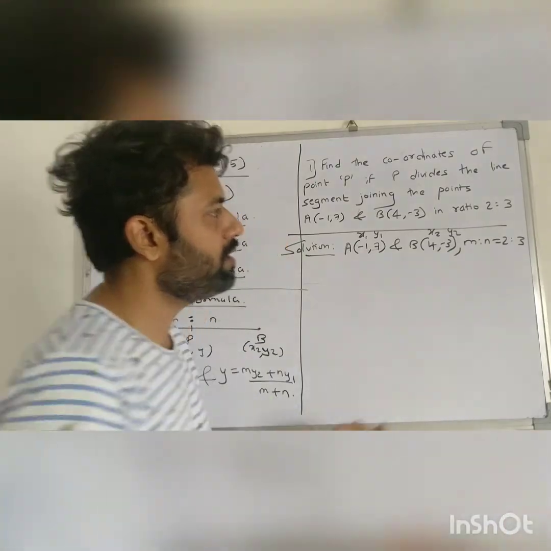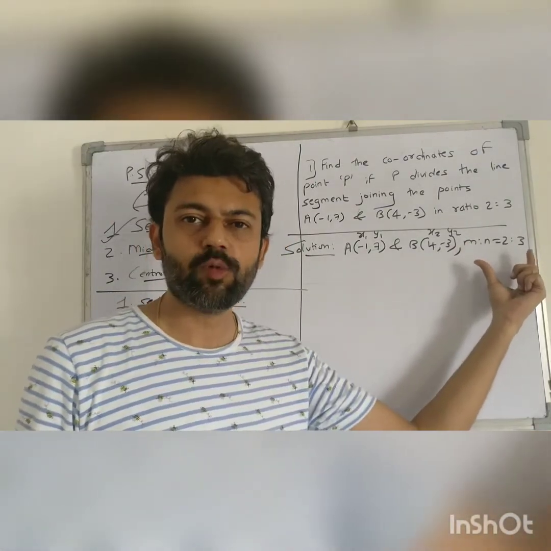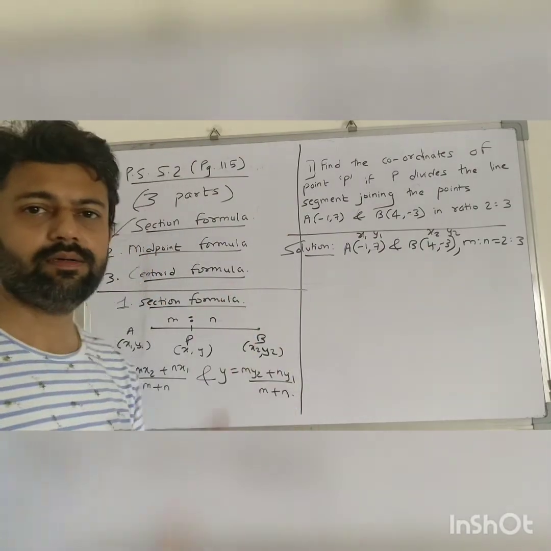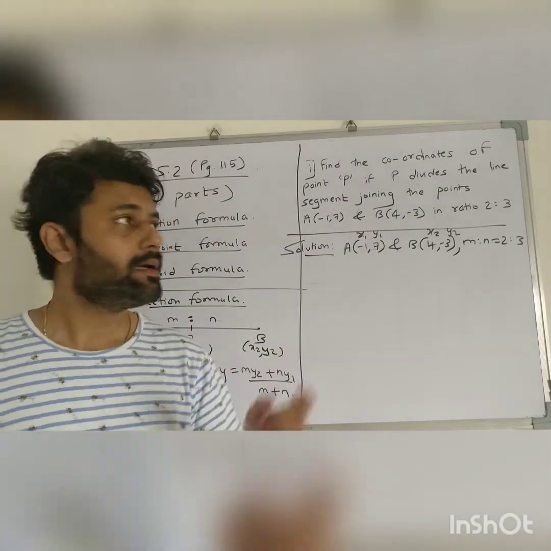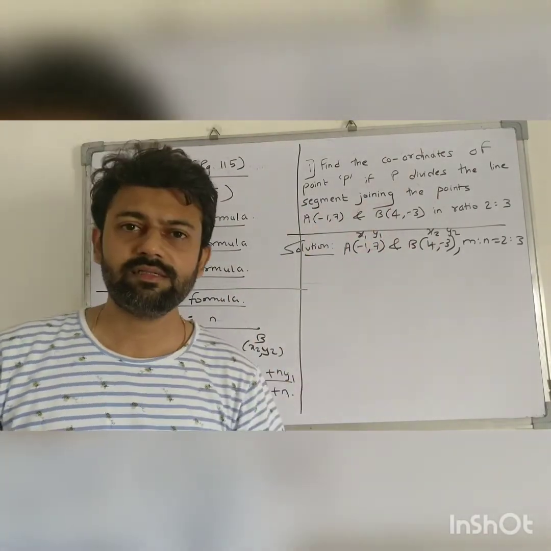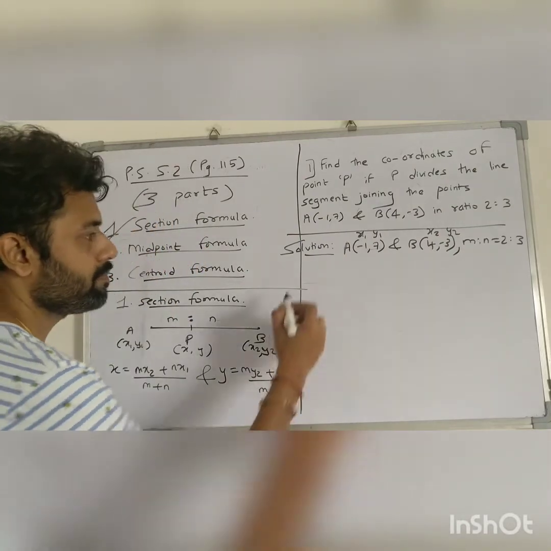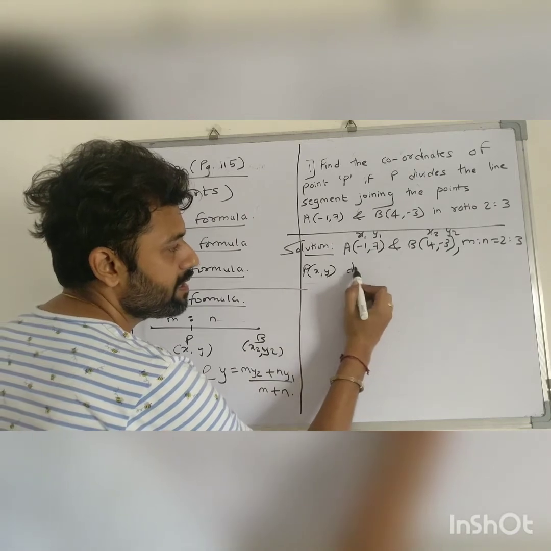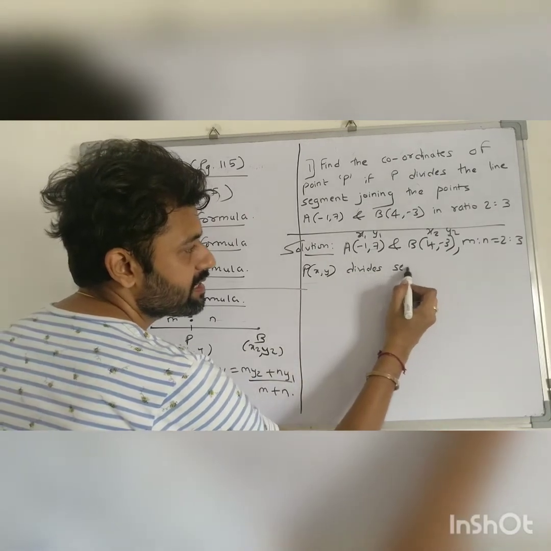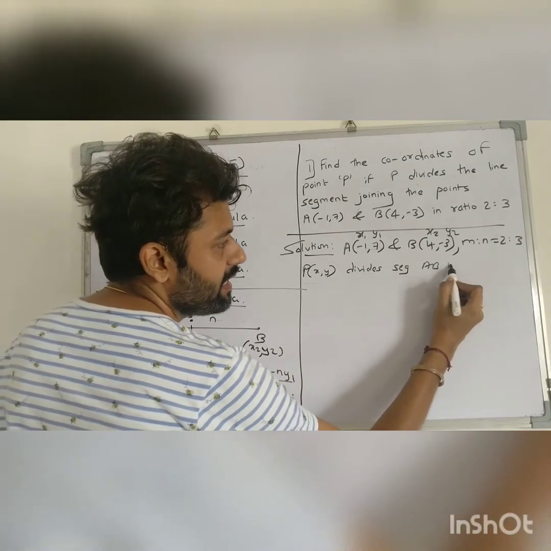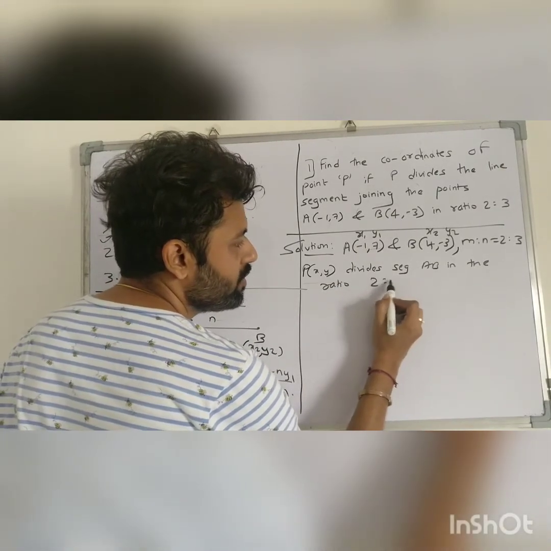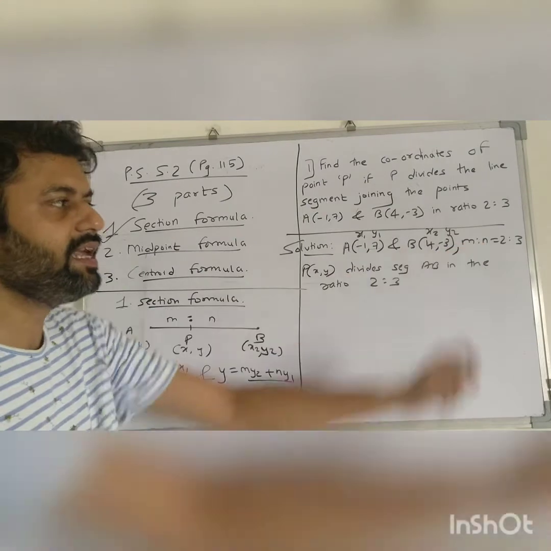This ratio is termed as m:n. Here they have mentioned clearly that P (x, y) divides the segment AB in the ratio 2:3. They have clearly given.